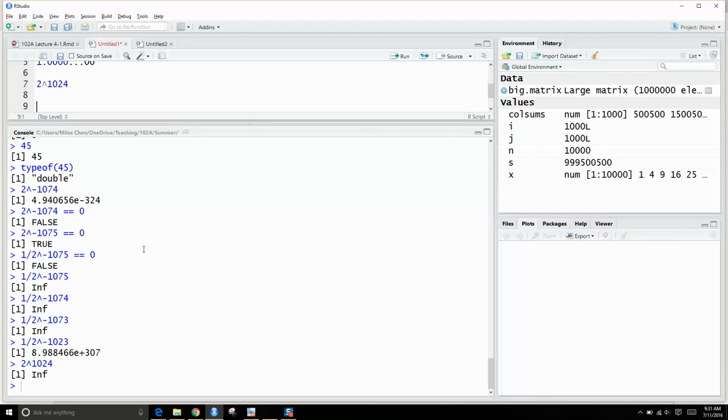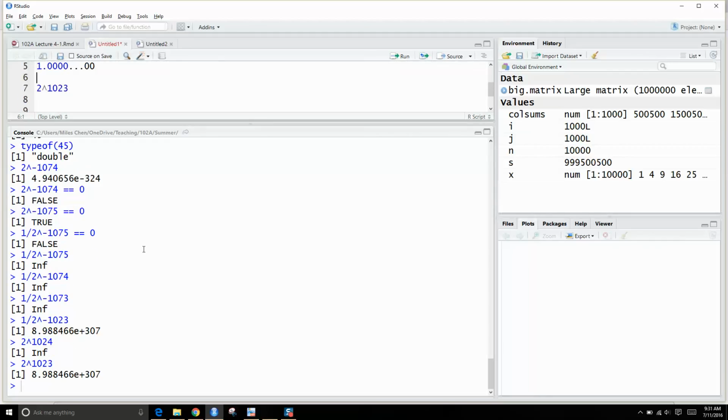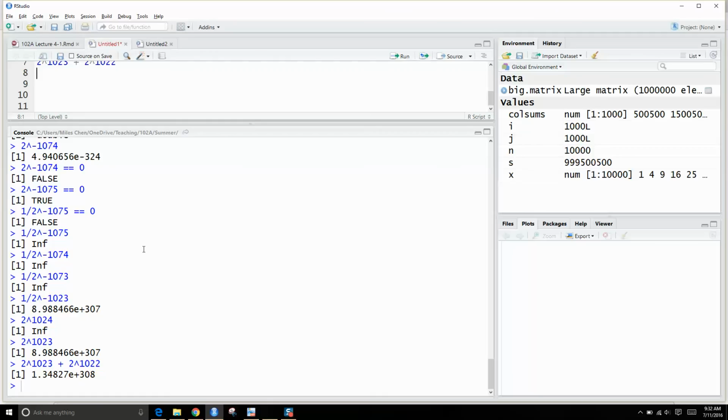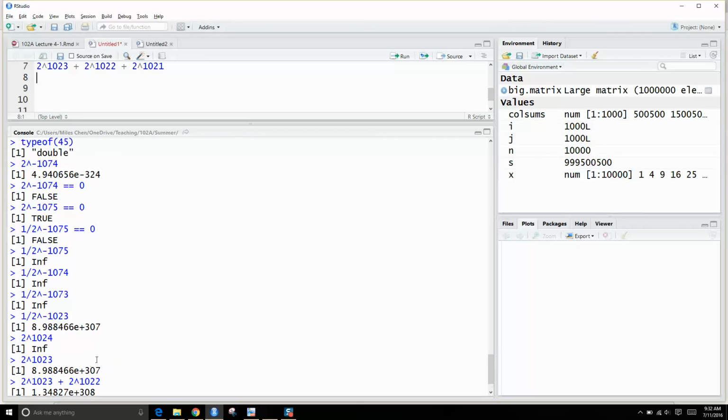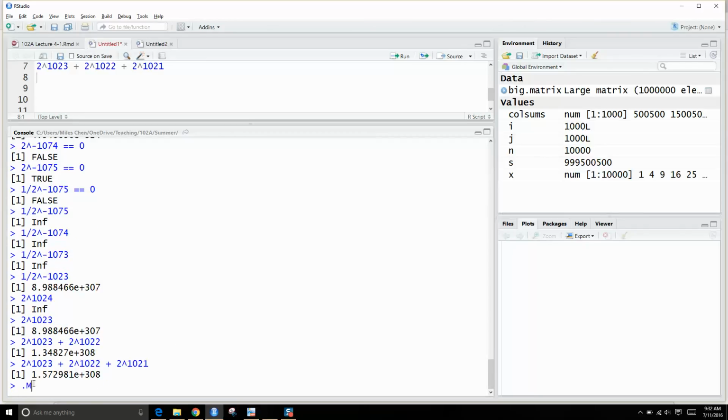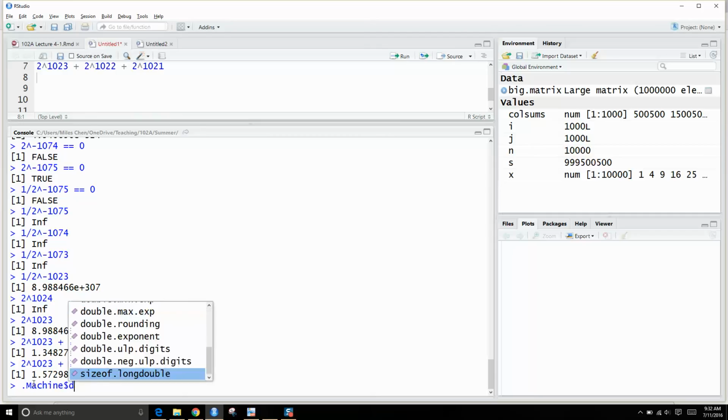2 raised to the 1024 is infinity, but 2 raised to the 1023 is not. And I can also add 2 to the 1022, okay? And we can get numbers approaching real max. 2 raised to the 1021, okay? So these get closer and closer to my real max, which is represented by dot machine dot dollar sign double max.